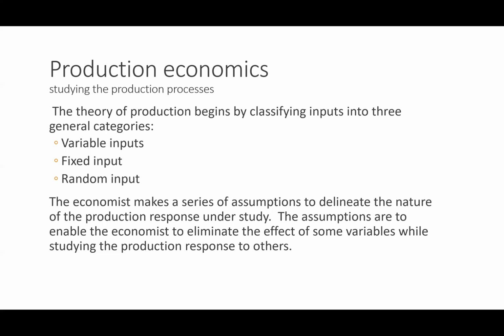So the economist makes a series of assumptions to delineate the nature of a production response under study. The assumptions are to enable the economist to eliminate the effect of some variables while studying the production response of other variables. So it would be near impossible to take into account all the variables that need to be accounted for in the production process.